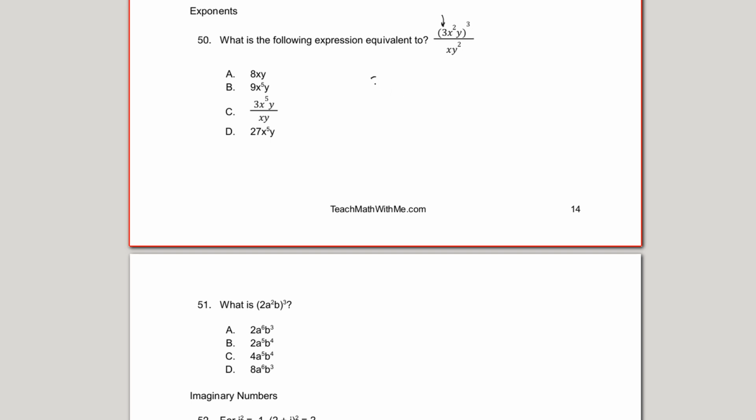So I'm going to rewrite this as 3 to the third times x squared to the third times y to the third. And all that is over xy squared. So now I want to raise each of these terms here. So 3 to the third, remember, is 3 times 3 times 3, which is 27.